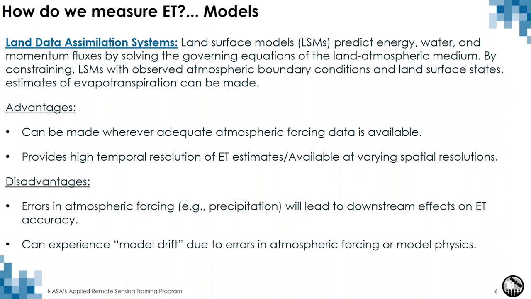of ET. And also, we can experience model drift, and this happens where essentially these errors accumulate. Errors in the forcing or the model physics can accumulate, and we can get to a point where a model becomes biased, too wet or too dry, and so all these errors and all this uncertainty downstream feed additional uncertainties, especially in this case, where the measurement we're trying to model is ET.